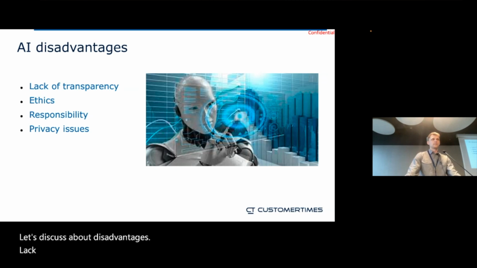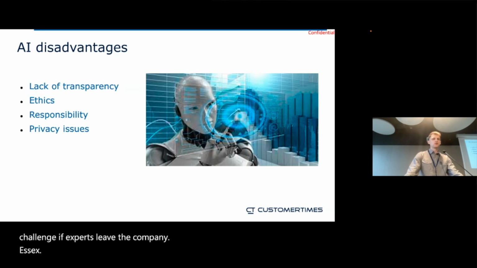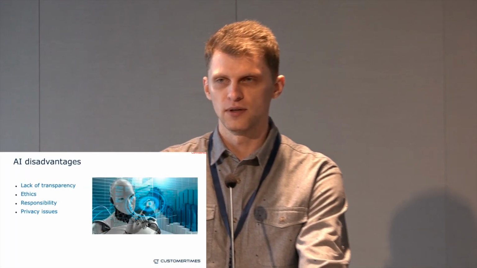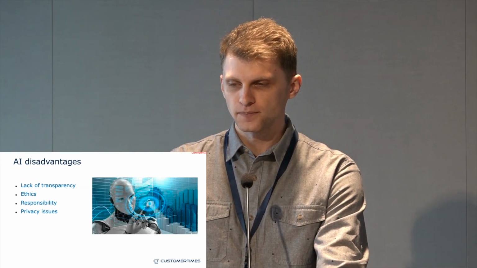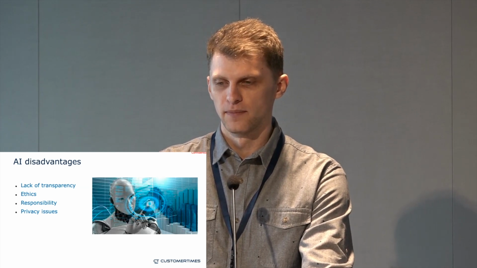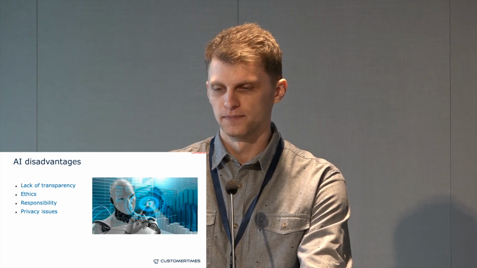Lack of transparency. AI is allowed to make decisions based on self-learning algorithms. It means that it's difficult to understand and challenge if experts leave the company. Ethics. If biased people train the AI machine, the system will be polluted with discriminated data, and it will get worse and worse.